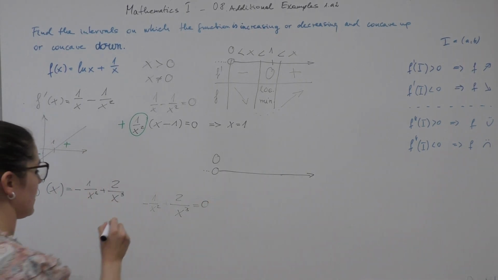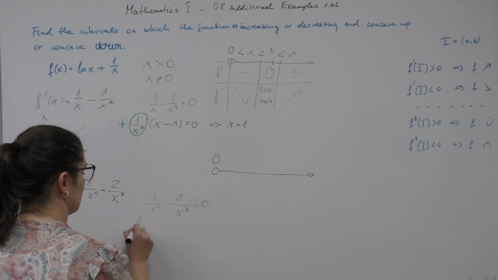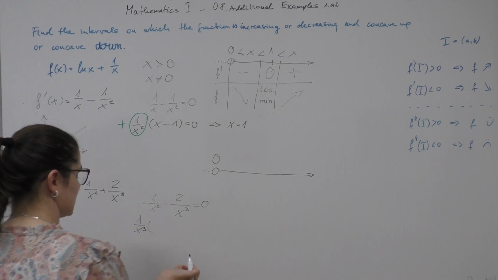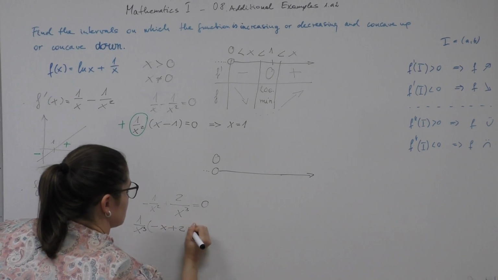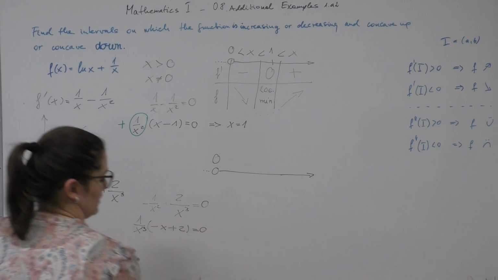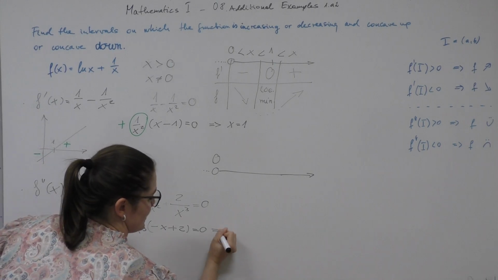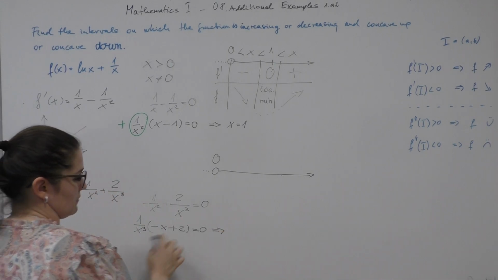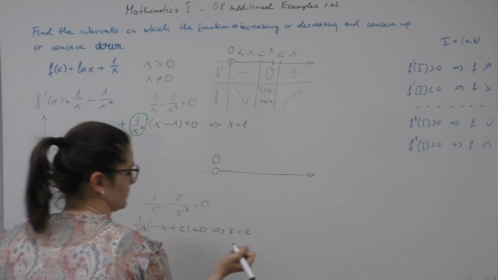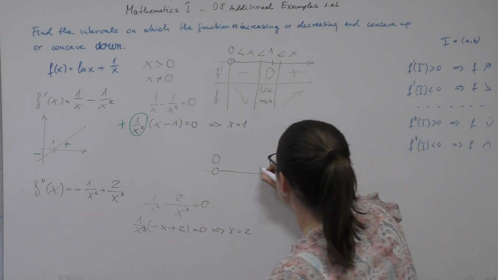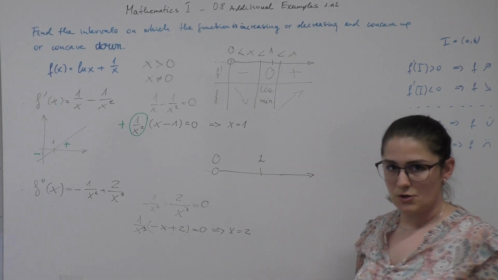First, I factor out 1 over x cubed, so the second factor will be negative x plus 2, it equals 0, and from this it's clear that the zero of this function will be 2, which will be here in the domain.